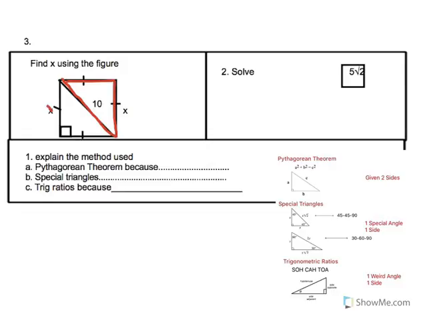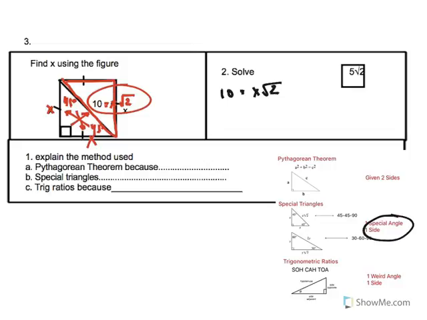Let's try this problem here. So it says find x using the figure. The figure they give us here is a square. Remember when we first explained special triangles? And the 45 special triangle started from a square. We drew a diagonal here, and we found that the sides across from 45 degrees were x, and the side across from 90 was x square root of 2.